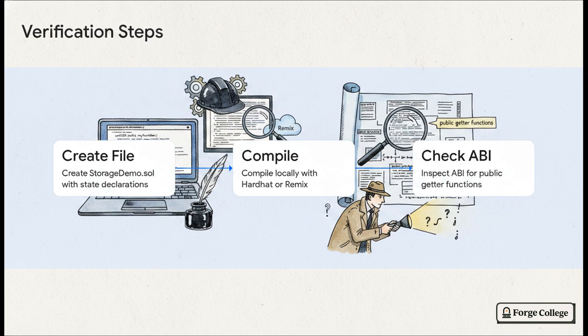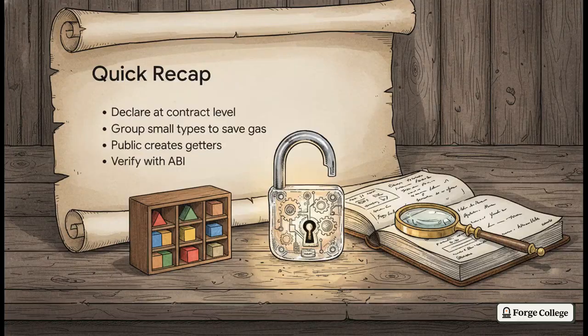You can do this locally using Hardhat by typing npx hardhat compile in your terminal, or you can just pop it right into the online Remix IDE and hit compile. Step 3. Inspect the auto-generated application binary interface, or ABI. You just want to confirm that those public getter functions actually exist. Follow this process, and if compilation fails, it's time to put on your detective hat and hunt down those missing semicolons.